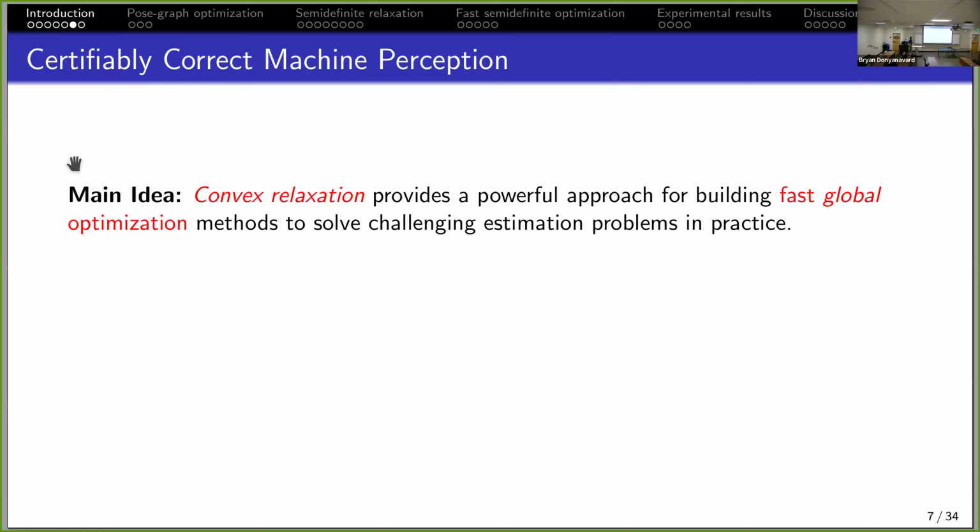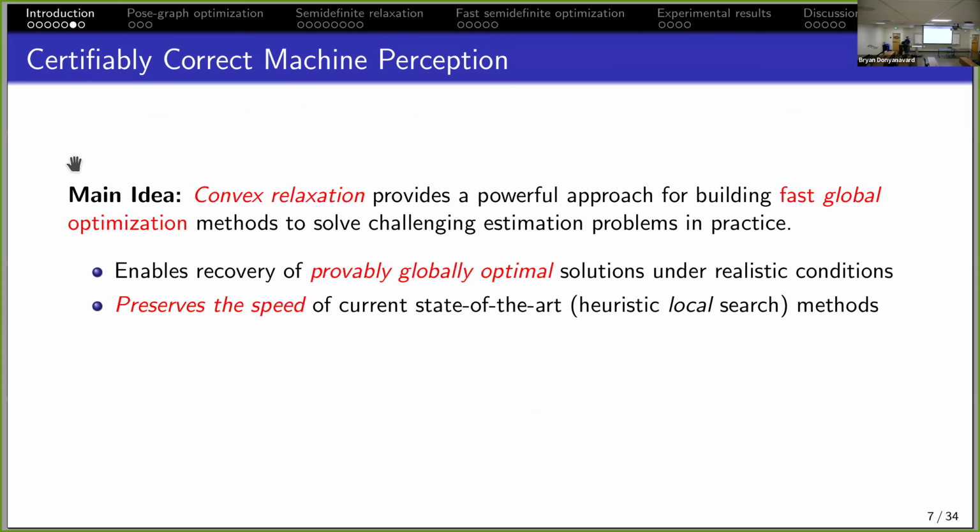Okay, so bearing that in mind, the main idea that I want to convey to you today is that convex relaxation provides a powerful approach for building fast, global optimization techniques to solve challenging estimation problems in practice. In particular, what I'm going to show you today is that this enables the recovery of provably globally optimal solutions to many challenging estimation problems under realistic conditions.